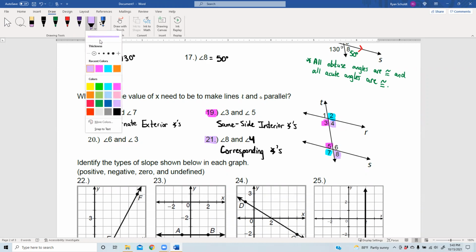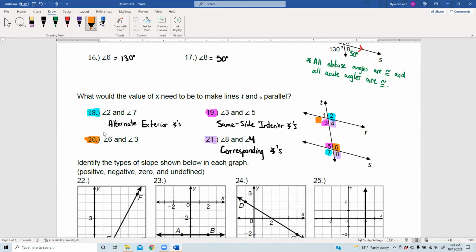Okay, and then the last one, 20. 20 is going to be 6 and 3. So are they on the same side of the transversal? No. So automatically, these are alternate something.